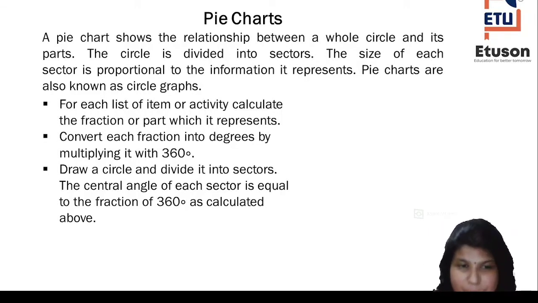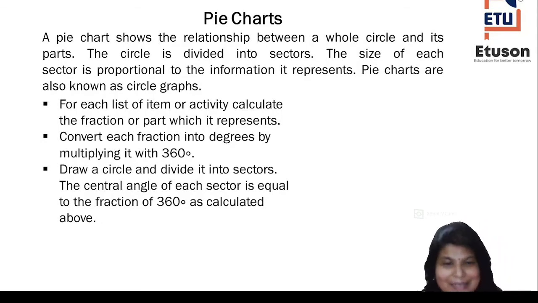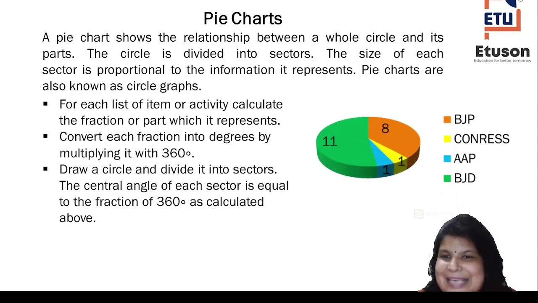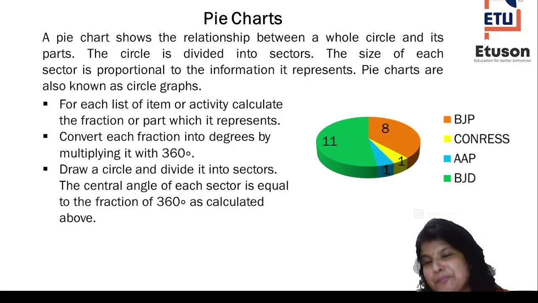Then you have to draw a circle and divide it into the number of sectors. Depending on the proportionality, you have to take the corresponding angle and plot. For example, I think on news channels when there is an election, you will get this kind of pie chart, correct or not? Suppose this is one result of your Lok Sabha election in Odisha.